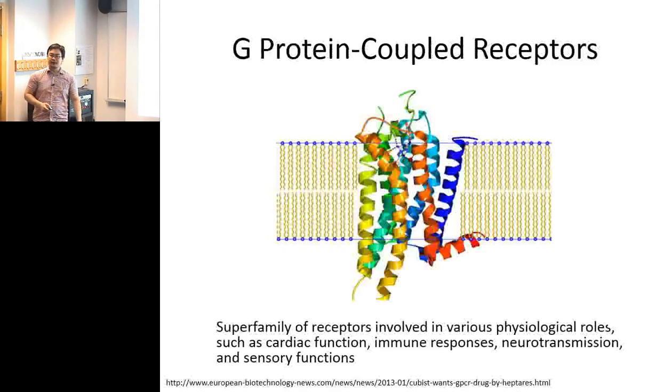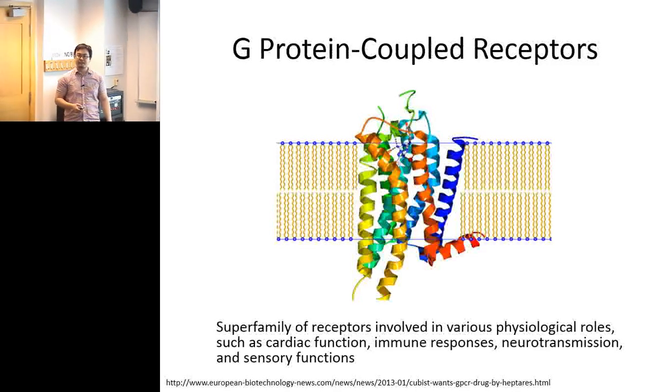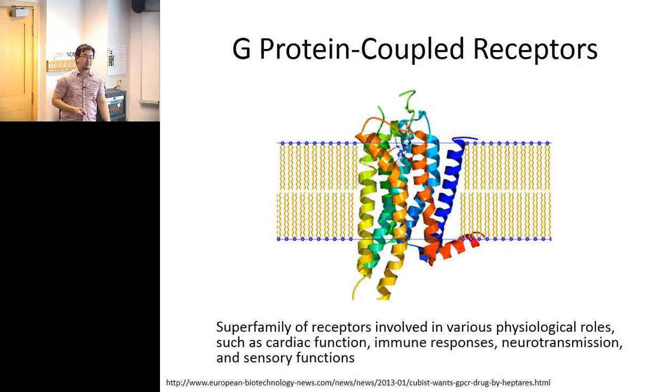So G-protein coupled receptors, otherwise GPCRs, which I'll call them from this point onwards, are a really large superfamily of receptors in the human proteome. They're responsible for many really important physiological processes, such as, obviously, vision. You have your fight or flight response. You have analgesia.